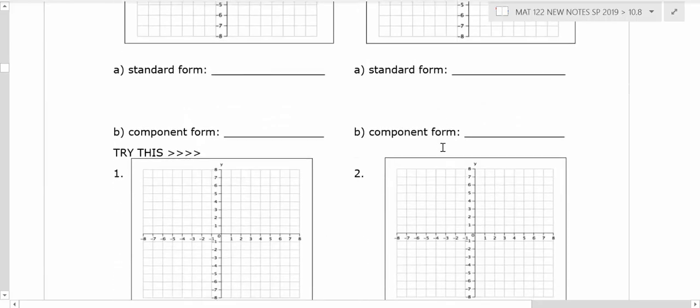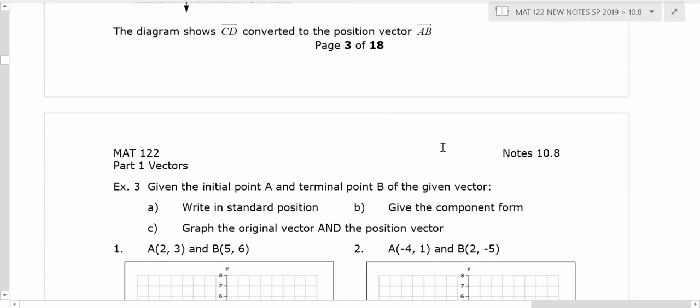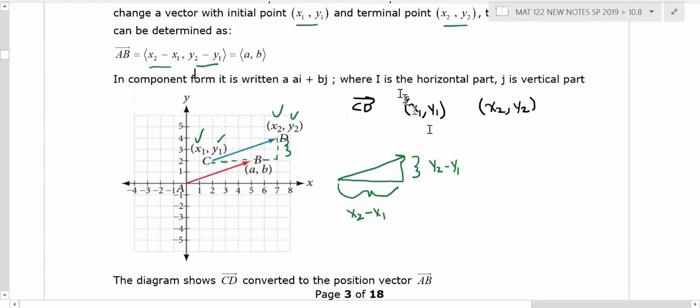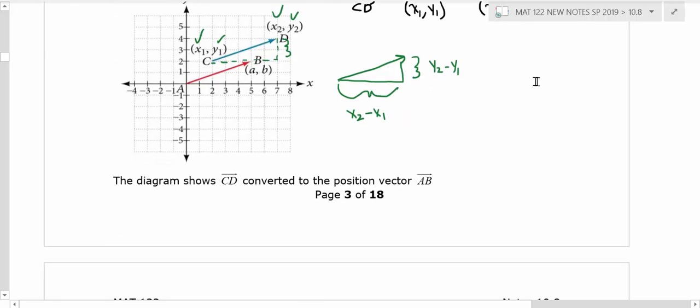The component form is usually written as ai plus bj. i is the horizontal part, j is the vertical part. I'll show you in this next page how that goes.